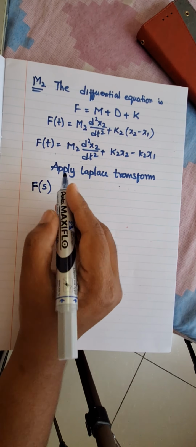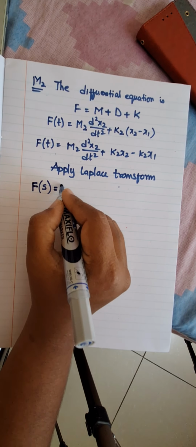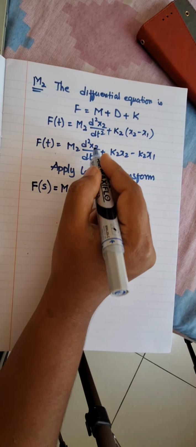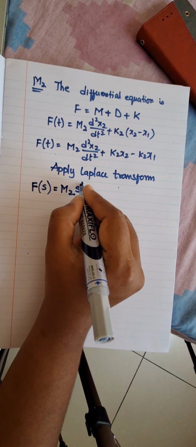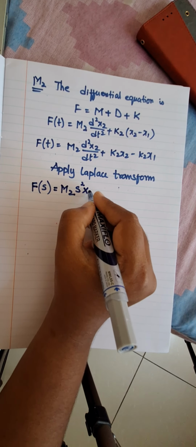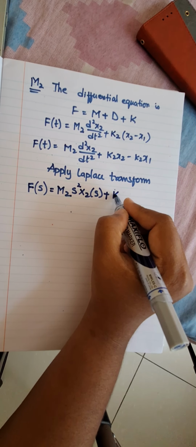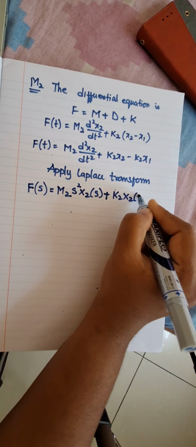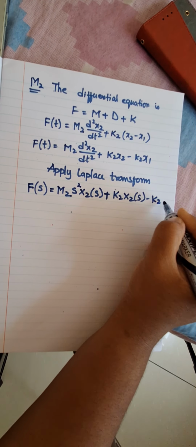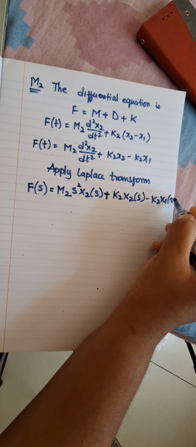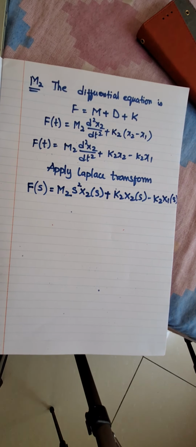So f of t will become capital F of s, which is equal to m2 will be m2, d square x2 by dt square will be s square, small x2 will be capital X2 of s, plus k2 will be k2, small x2 will be capital X2 of s, minus k2 will be k2, small x1 will be capital X1 of s.